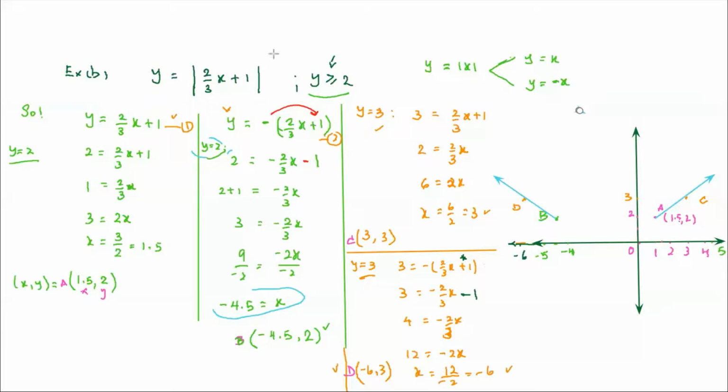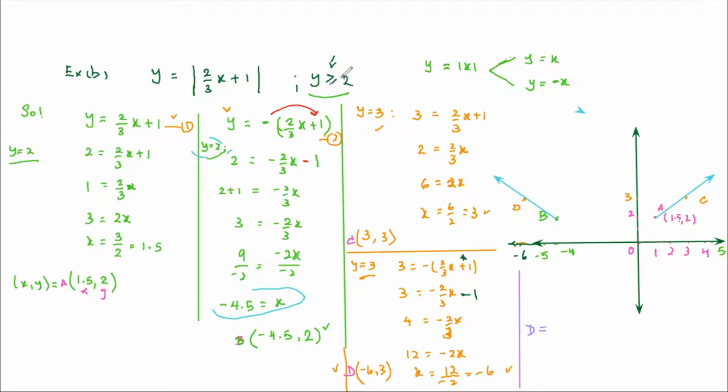Okay. From the graph, you can see how we analyze the graph for the domain D, or the value of x. You can see the graph starts from here. Observe one more time. Because the question has the inequality condition that y must be greater than or equal to 2, it has an equal sign.